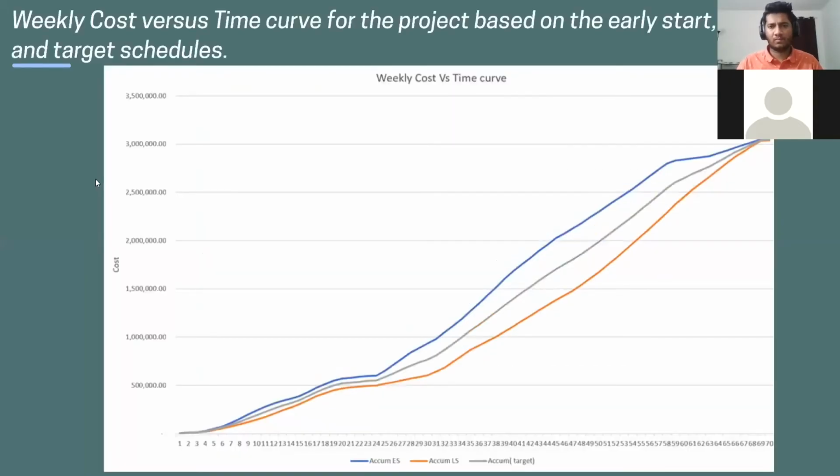And this one is the weekly cost versus time curve. The blue line represents the accumulation of early start, the orange line represents the accumulation of late start, and the gray is the target for the project.